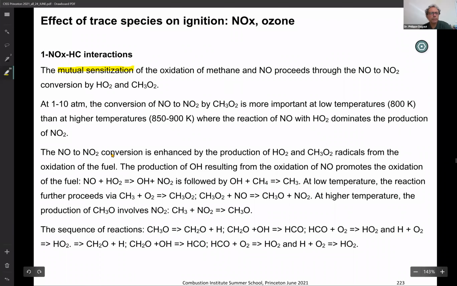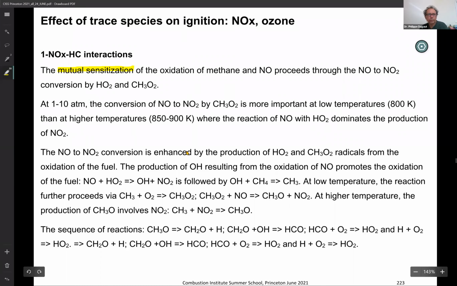So we did experiments at 1 and 10 atmospheres, and we studied the conversion of NO to NO2 by CH3O2. And we observed that it's more important below about 800 Kelvin than at higher temperatures, where the reaction of NO with HO2 dominates the production of NO2.